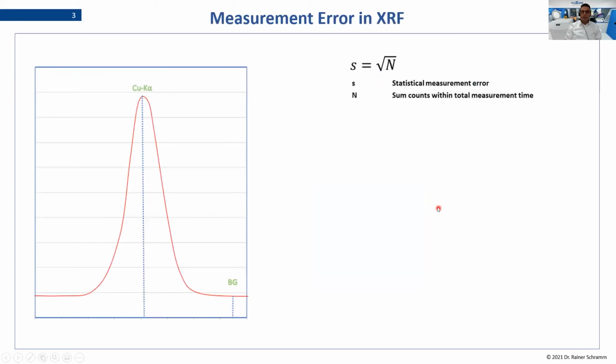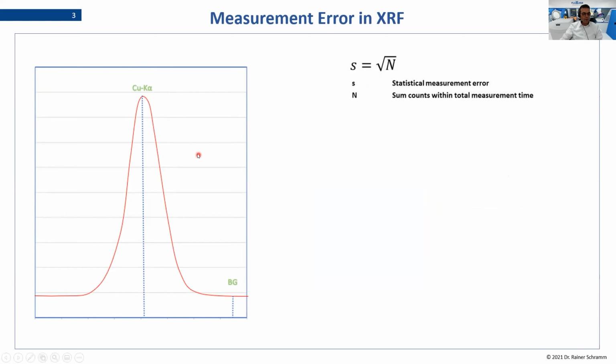So let's start with our measurement error in XRF. Here you see a classical peak, in this case from potassium K alpha. The measurement principle in XRF is counting pulses.